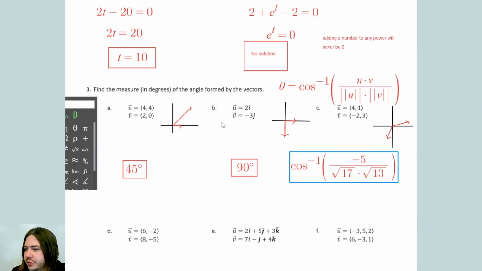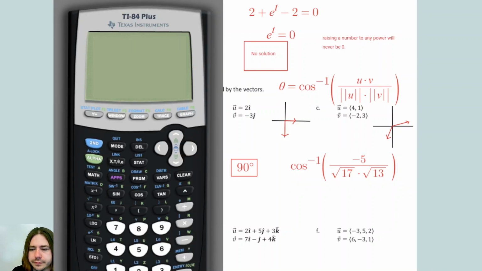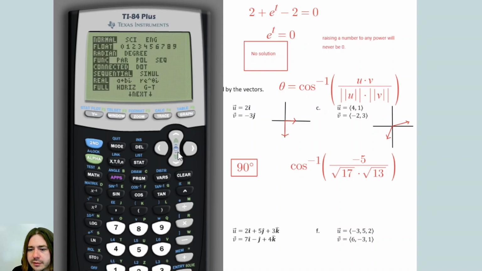So this is something that you're just going to type in the calculator and get an answer. So I've got the inverse. Well, let's make sure I'm in degrees here. It's going to default to radians, so if you ever reset your memory, go back and change it.